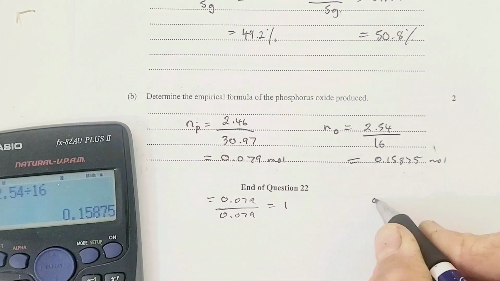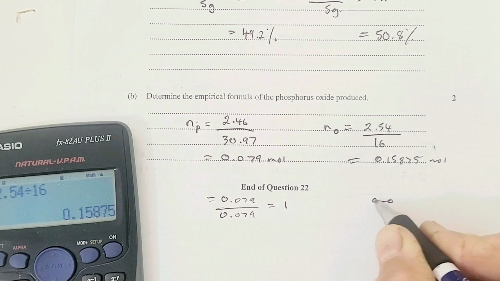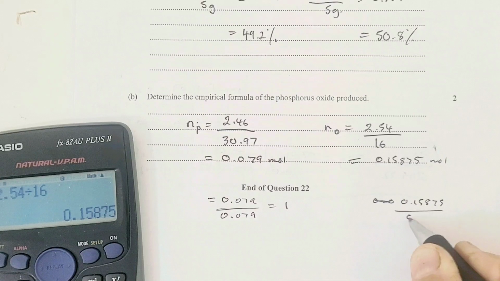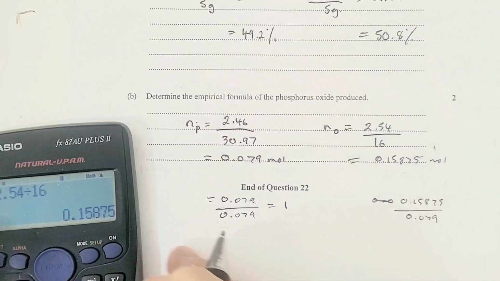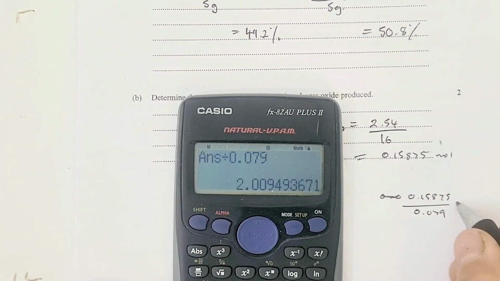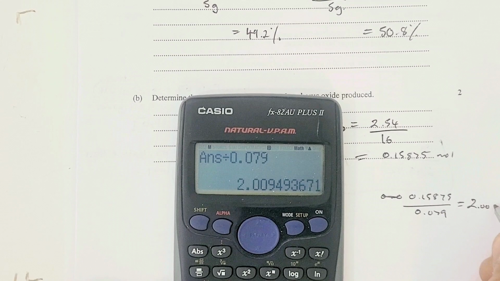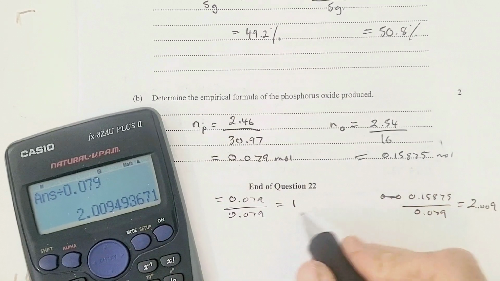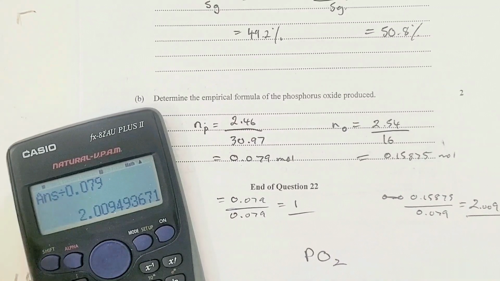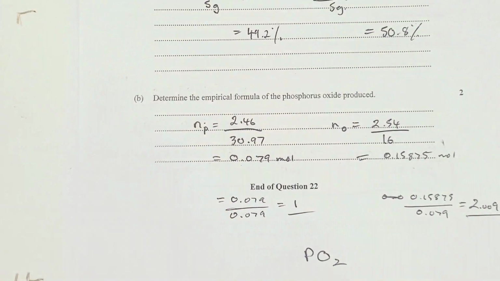Equals 1. That equals very close to 2. So that's our ratio, 1 to 2. So phosphorus dioxide is our empirical formula.